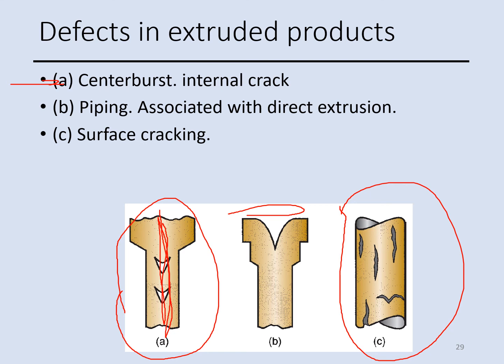If the speed is too high, then we have a high temperature, or a high strain rate, which generates heat. You know that if we have too much deformation, the deformation creates heat, and that heat causes a high temperature and then surface cracking. So we have to lower the speed, then this problem can be resolved.